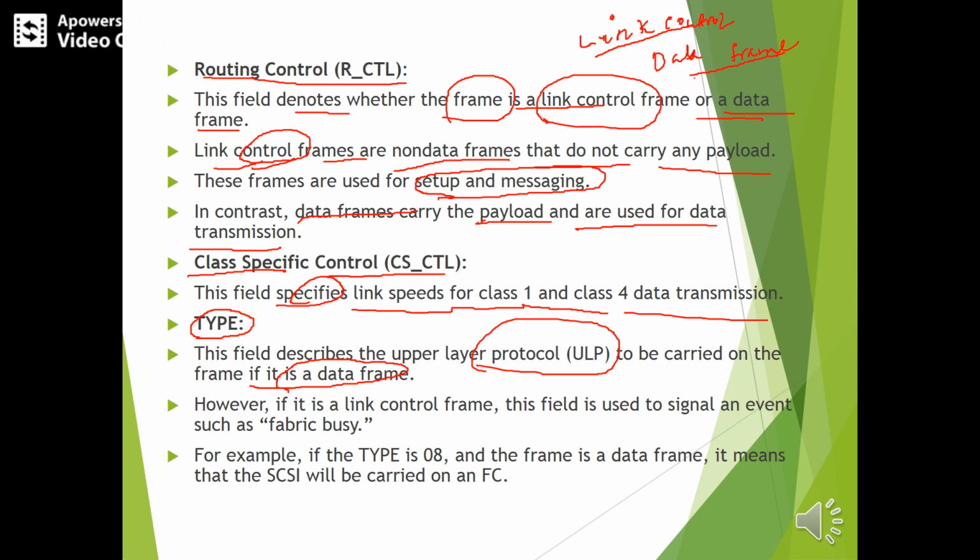However, if it is a link control frame, this field is used to signal an event such as fabric busy. For example, if the value of the type field is 8 and the frame is a data frame, this means that SCSI will be carried on the FC architecture. So within FC we are using the SCSI protocol.